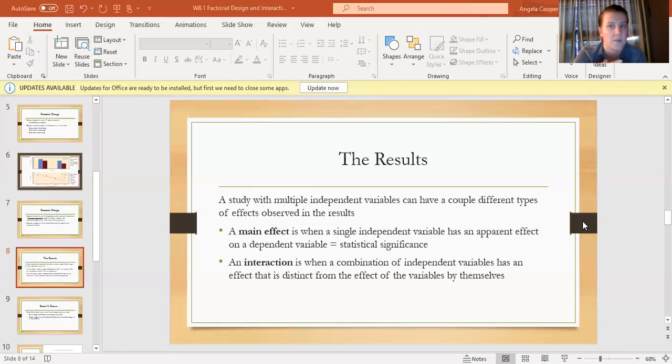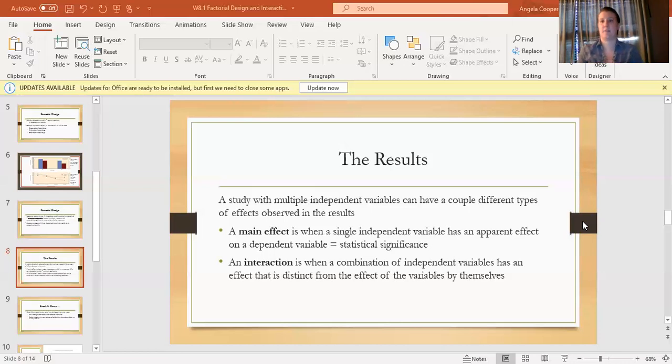Interactions would say that one condition of one of the independent variables kind of influences the other independent variable and how it works. So what I mean by that is, let's say we're looking at the cell phone usage and the time of day that you're driving, and we're looking at your driving performance. An interaction would say that the time of day really dictated things.